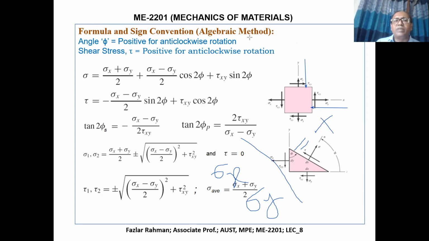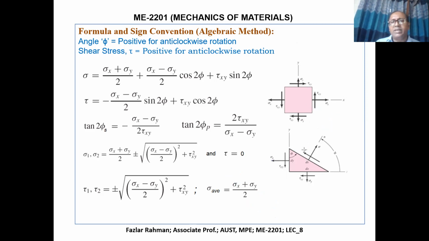The other thing is about the shear. You see, shear stress we put along this direction when we derive the formula, right? That means this shear stress tries to rotate the body anti-clockwise. So you will look right over here. We'll give you a rectangular element, not this free body. Even if they give you the free body, you look whether it is rotating clockwise or anti-clockwise. Like this tau tries to rotate the body anti-clockwise, that means this is positive.